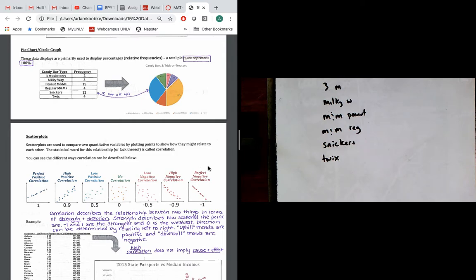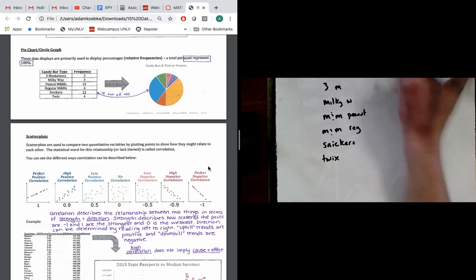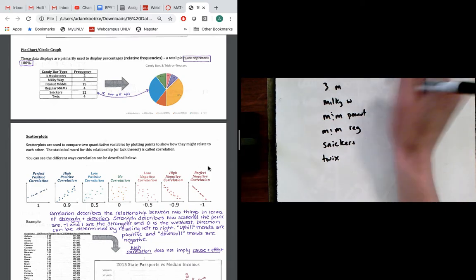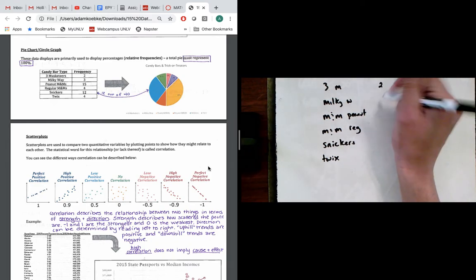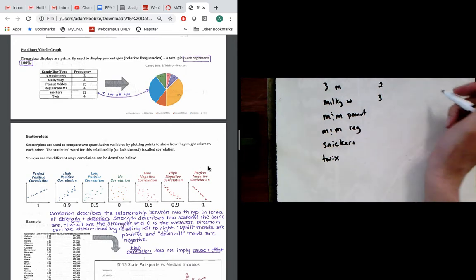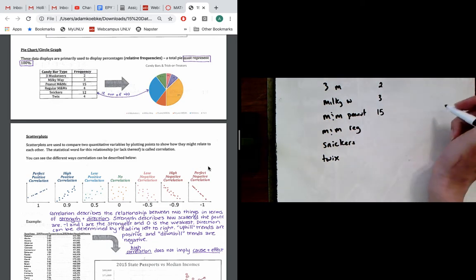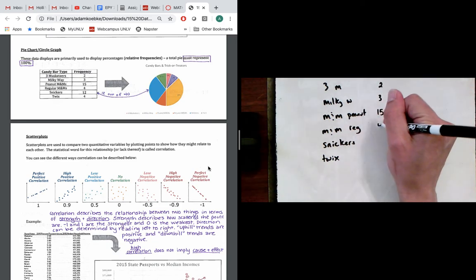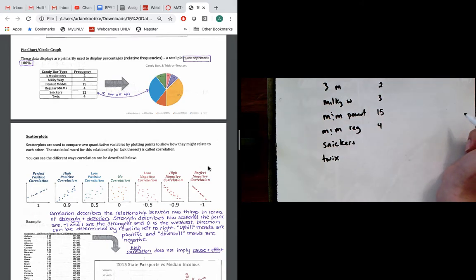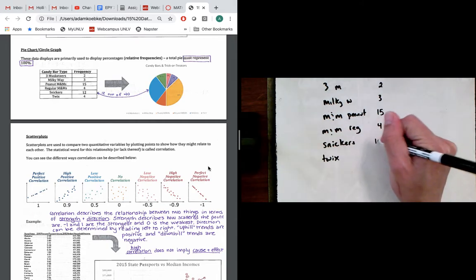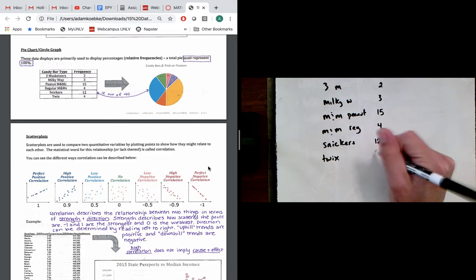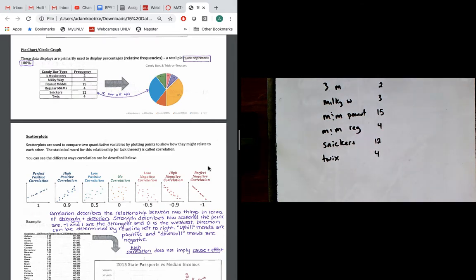So we have all these values right here, and then we can write out the frequencies for each one of these. So remember, we're just going to copy this over. We have two people like Three Musketeers, three people like Milky Way, my dad's favorite, M&M Peanut, 15 people like those. My daughter's favorite, M&M Regular, 4 people like those. Lots of people like Snickers. I love Twix. I love Twix.